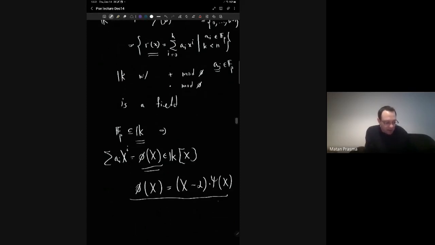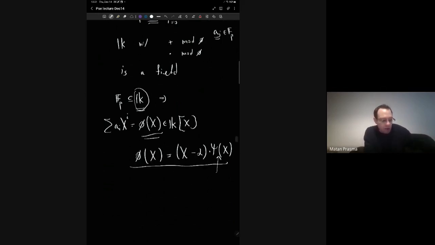The subtlety is that psi may no longer be a prime polynomial over this bigger field K. So I will split it into whatever prime factors, prime decomposition it has over K. And I will take each of the factors of the prime decomposition, and I will do the same.